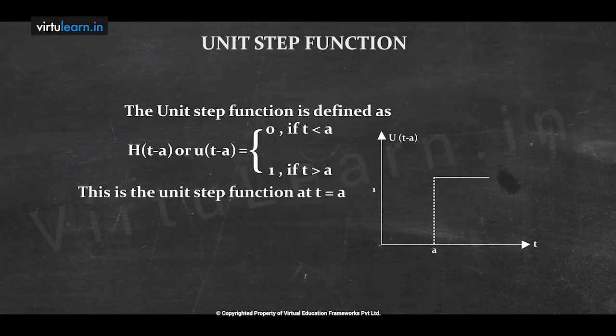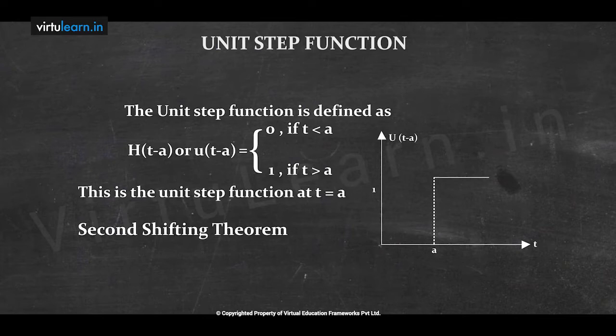Now this unit step function is important for the second shifting theorem. The same thing, the second translation or second shifting theorem, just a statement only. If the Laplace transform of f of t equals f bar of s, this is a known quantity.